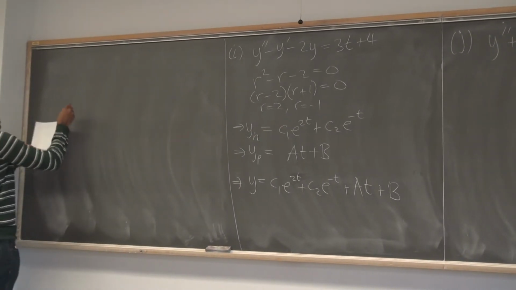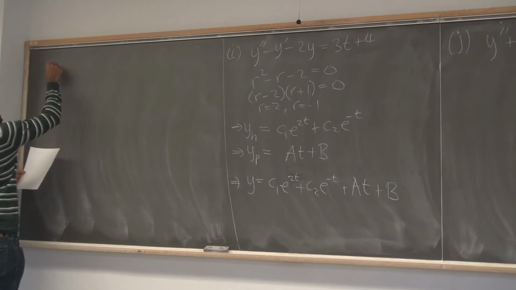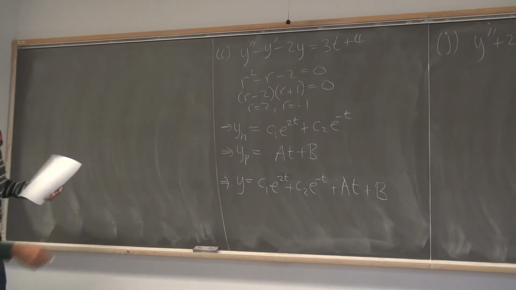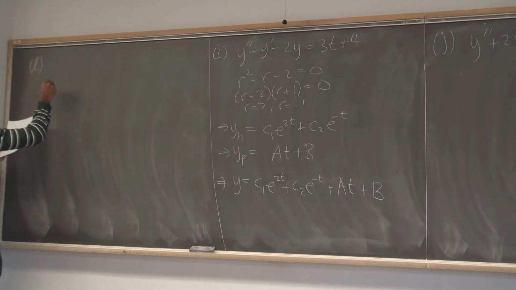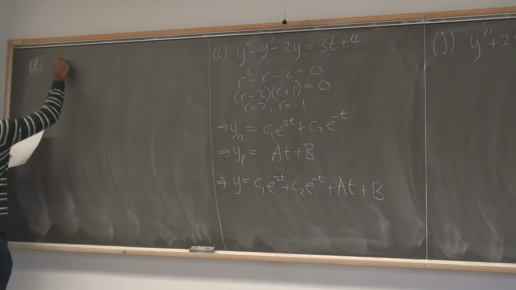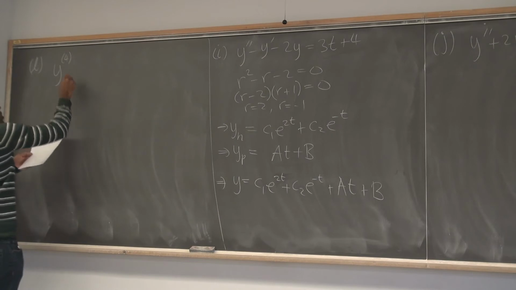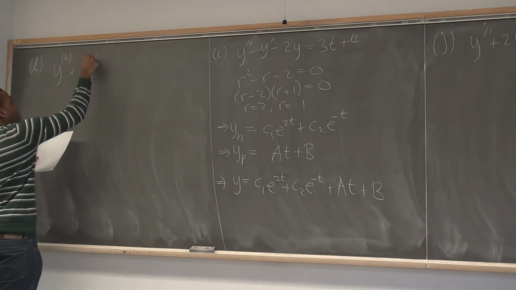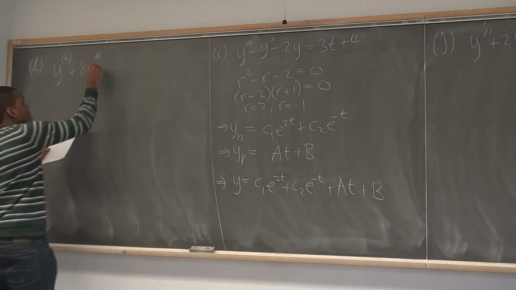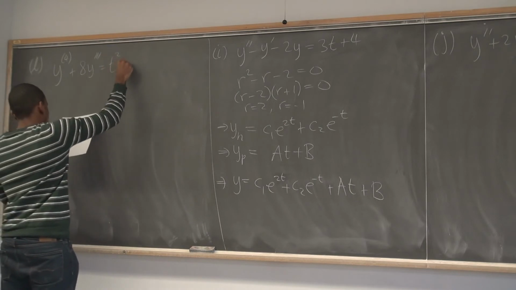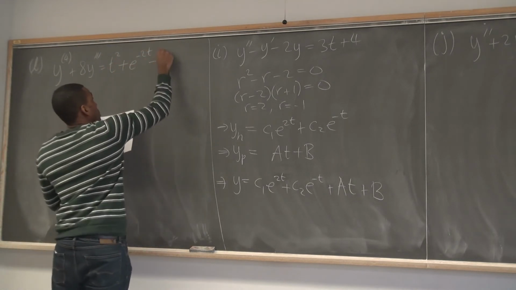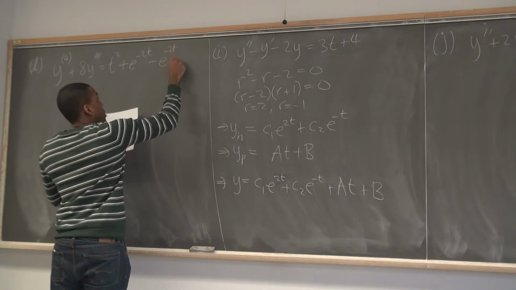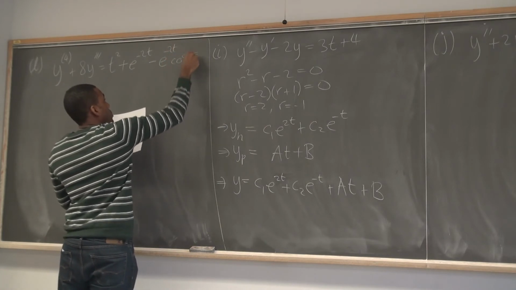So let's say I ask you to try this one: y to the fourth derivative plus 8y to the third derivative equals t squared plus e to the minus 2t plus minus e to the minus 2t cosine radical 3t.